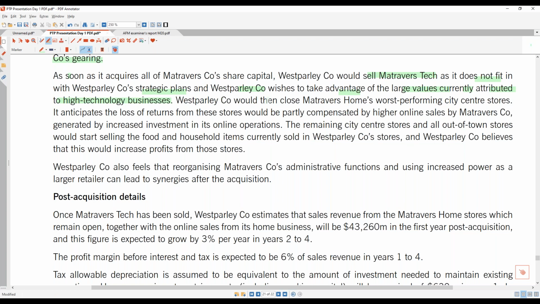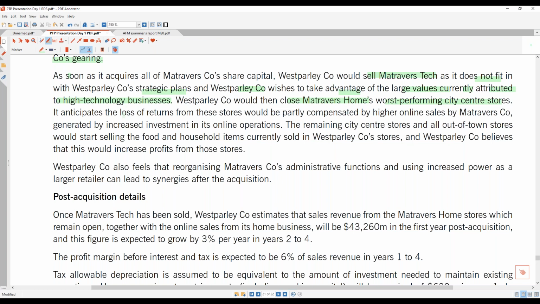West Parley will then close Matt Travers Home's worst performing city center stores. So first sell the Matt Travers tech, then for Matt Travers Home, they sort out the worst performing centers and have to close them.